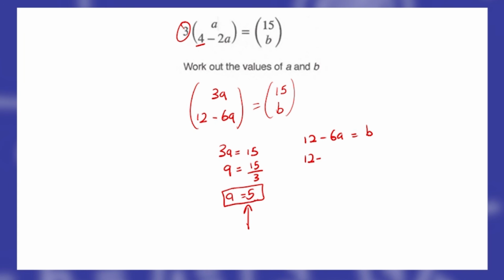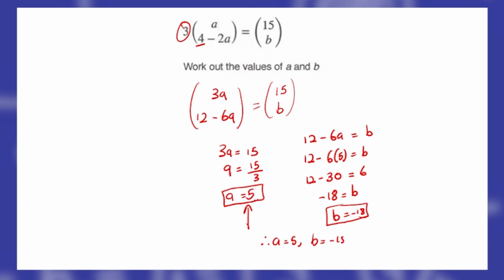So we can say 12 subtract 6 times 5 is equal to b. So 6 times 5 will be 30. So 12 subtract 30 will give us negative 18 is equal to b. Hence, we can say b is equal to negative 18. And to answer this, we can say a is equal to 5 and b is equal to negative 18 as the answers for a and b.